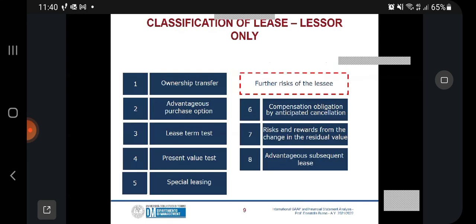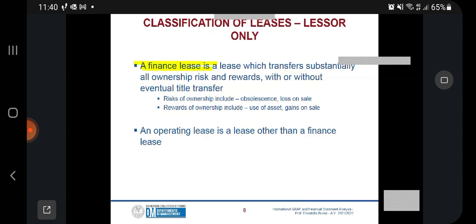Sometimes it's very difficult to verify if a lease is a finance lease or an operating lease. So we'll go back just for 1 second. Finance lease means that at the end, even if the ownership is not transferred, since the risks and rewards are transferred, at the end it's like the lessor has simply made a sale.